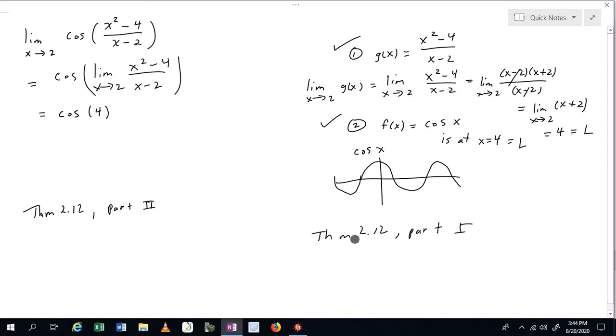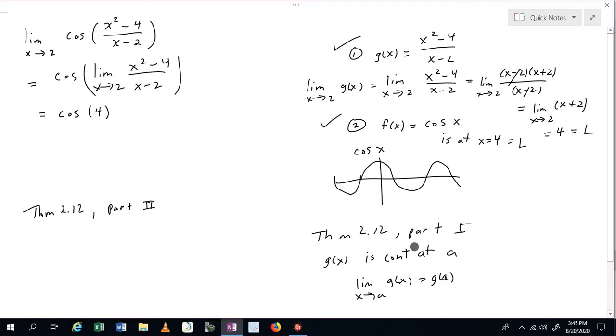It said that this limit had to be equal to g evaluated at a. Or, technically, it says g of x needs to be continuous at a. But that means, by the definition of continuity at a point, that this limit is equal to g of a, right?